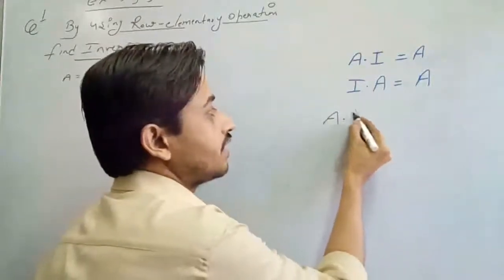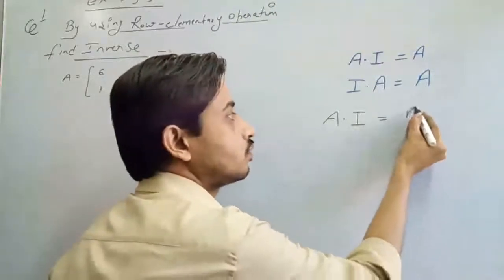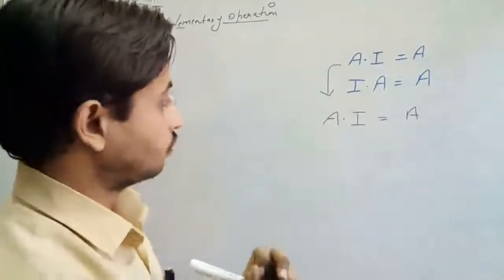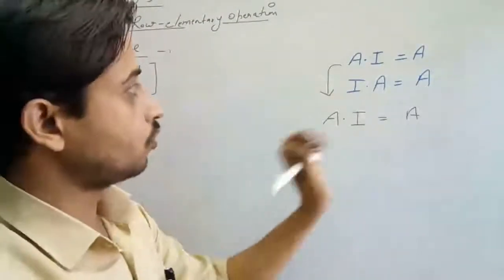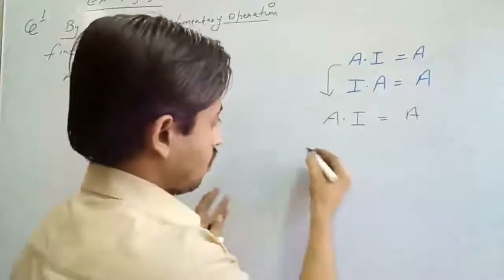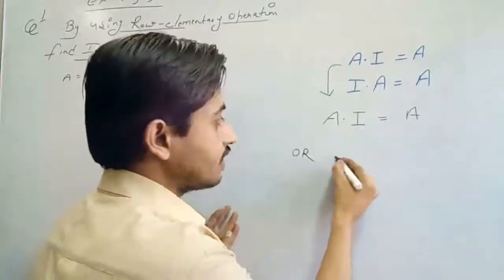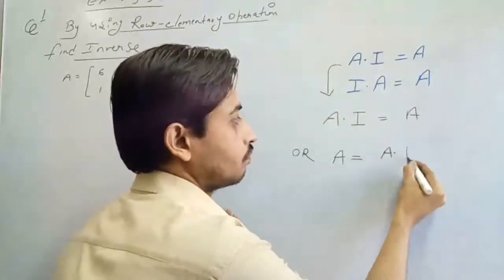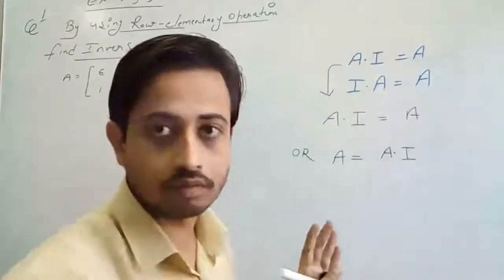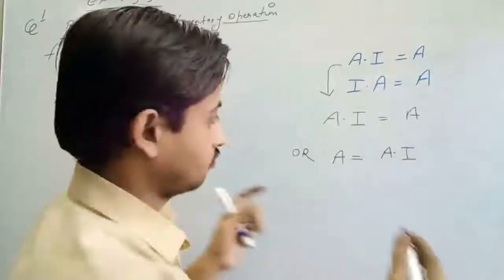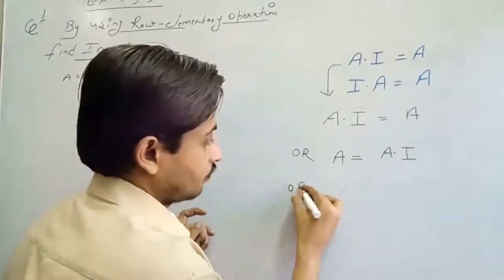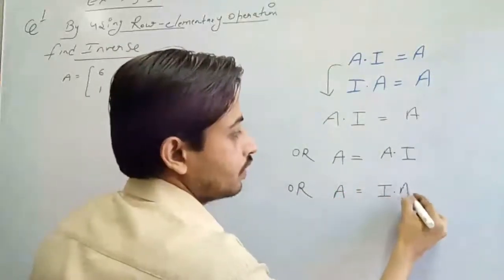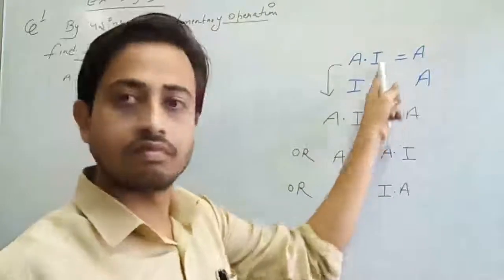A into identity matrix is equal to A. So I can write it as A is equal to A into I, or you can also change the order: A is equal to I into A, because both are the same.